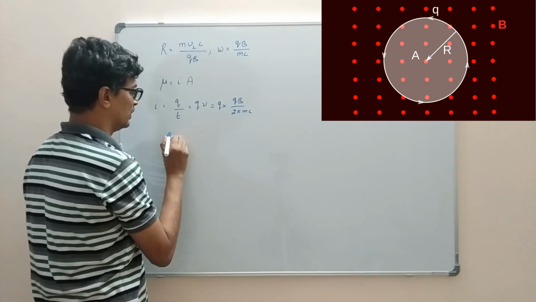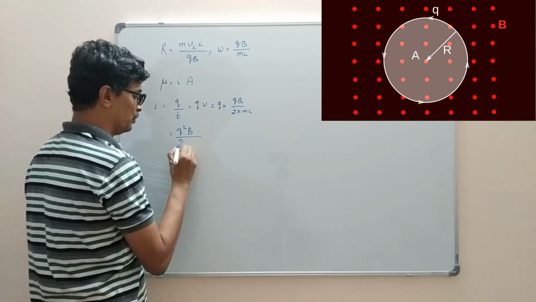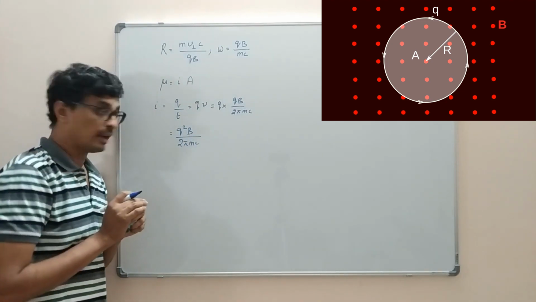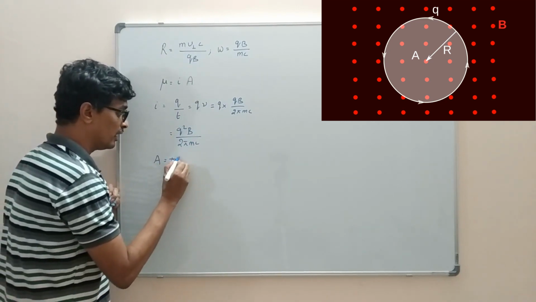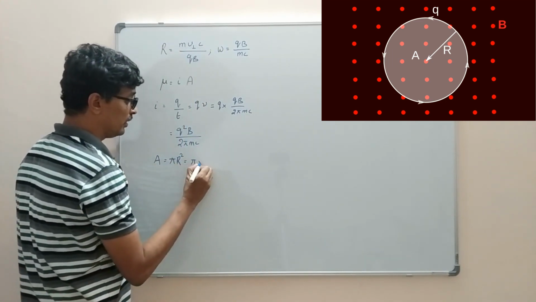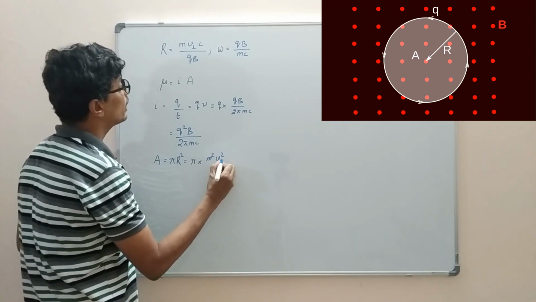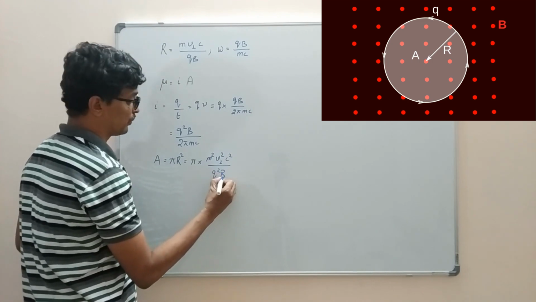Therefore this will be equal to Q square B divided by 2 pi MC. Now the area is nothing but pi R square, and of course we know R. So that's going to be pi into R square, which is M square V perp square C square divided by Q square and B square.